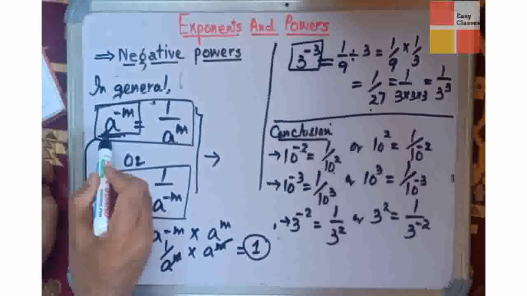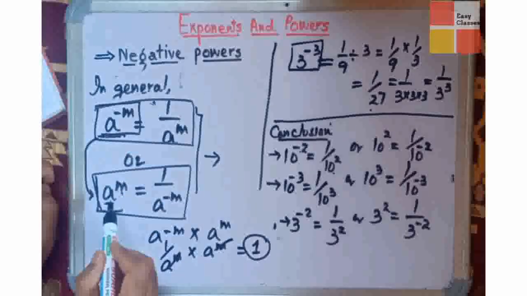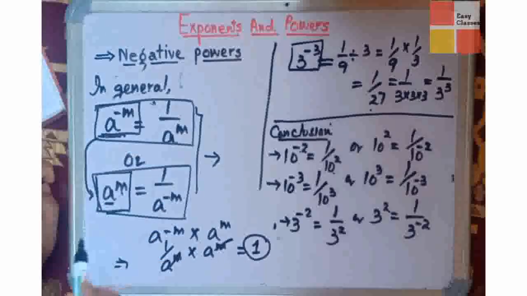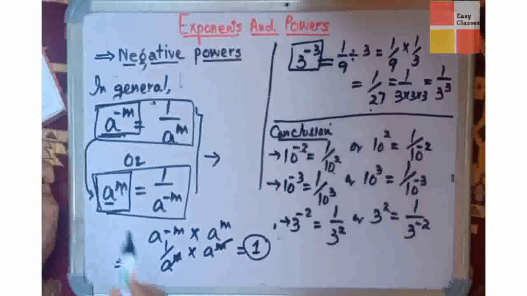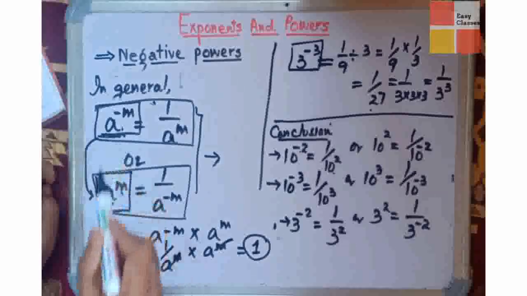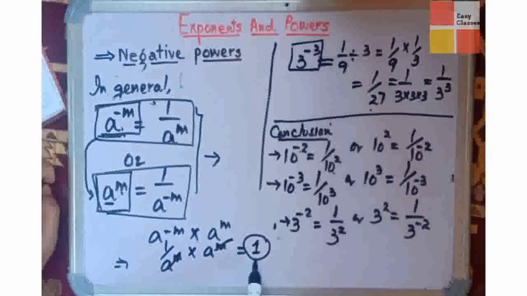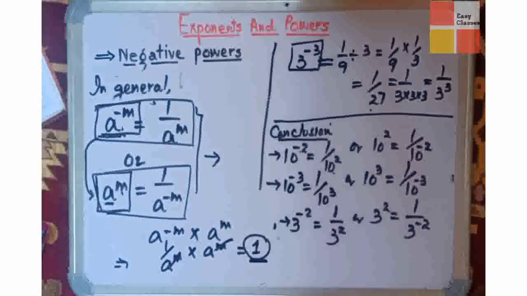So in other words, a raised to power minus m is the reciprocal of a raised to power m, because when we multiply these two terms, we get 1 as the answer. When you multiply two numbers and the answer is 1, we can say that those two numbers are multiplicative inverses of each other.